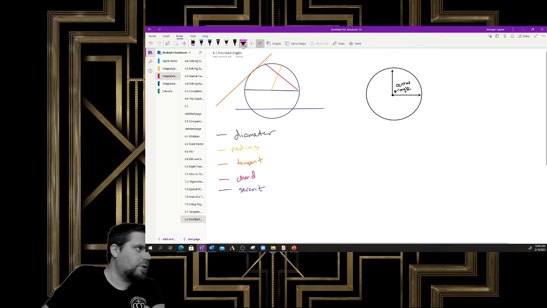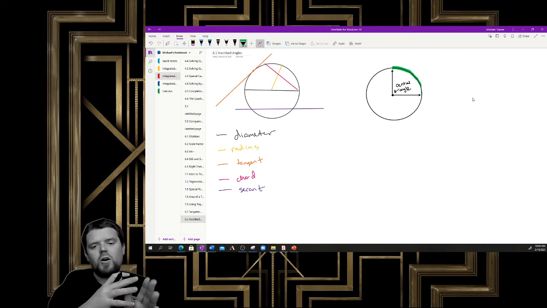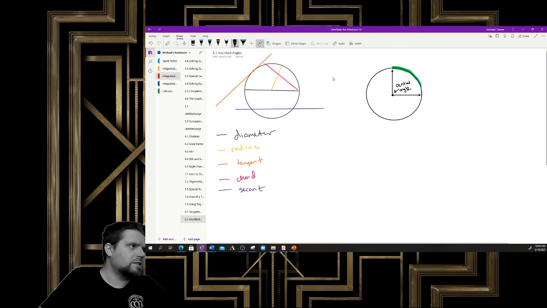We have the first part here that is intersecting our central angle. A part of a circle we refer to as an arc. If it is less than 180 degrees, like it is here, we refer to that as a minor arc.